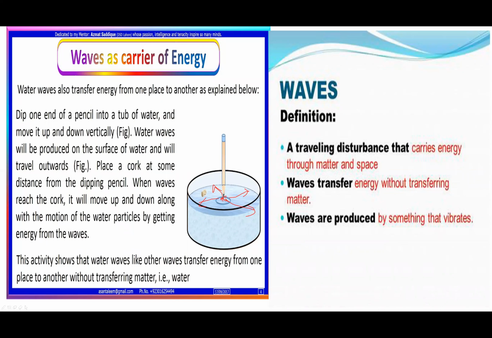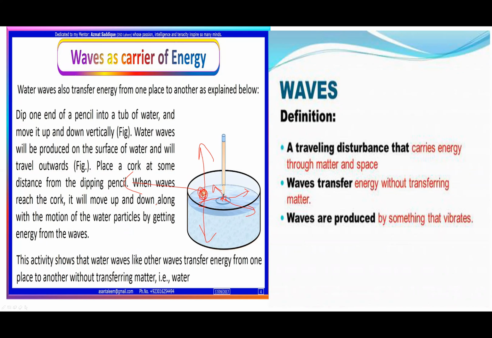But if you put an object at the midpoint, it will vibrate up and down. It will keep its up and down motion, but will not travel to the edge or leave its position. So water waves also transfer energy from one place to another.